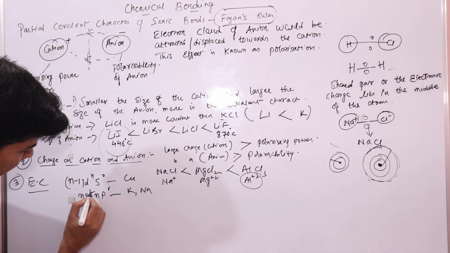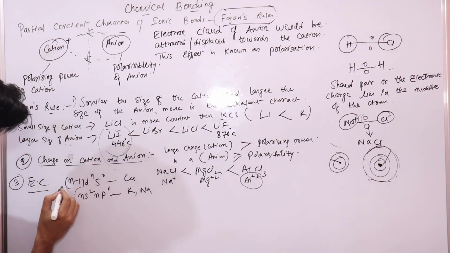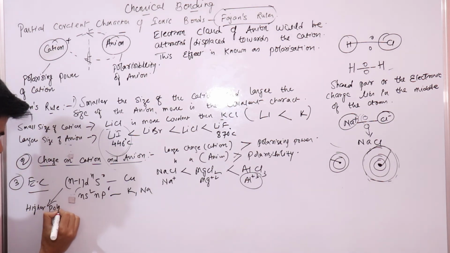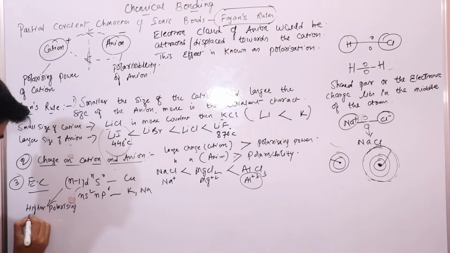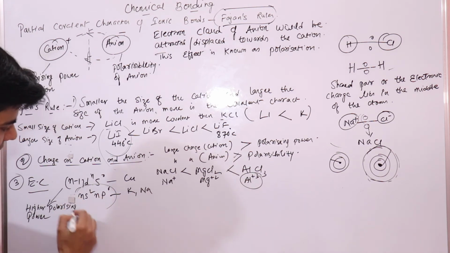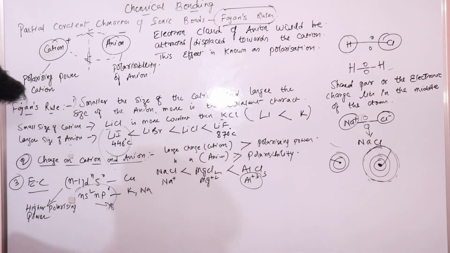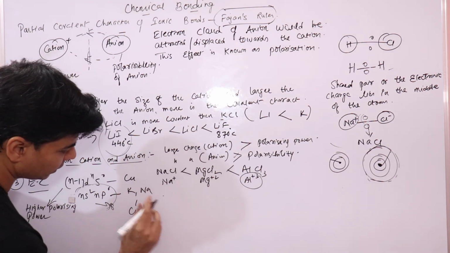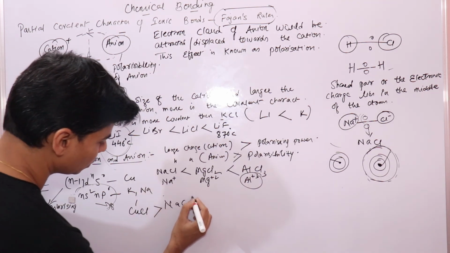So the (n-1)d10 elements have higher polarizing power compared to the elements that have a noble gas kind of configuration, 8 electrons. That is why we say copper chloride is more covalent than sodium chloride.